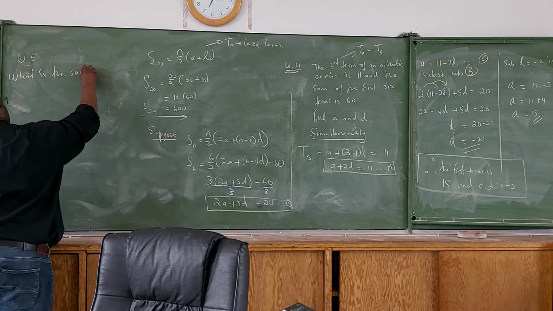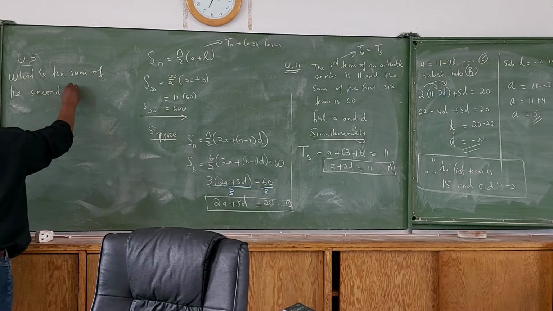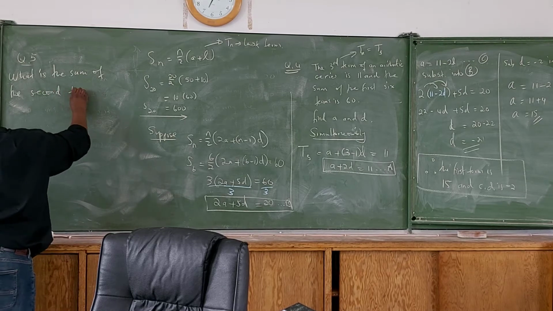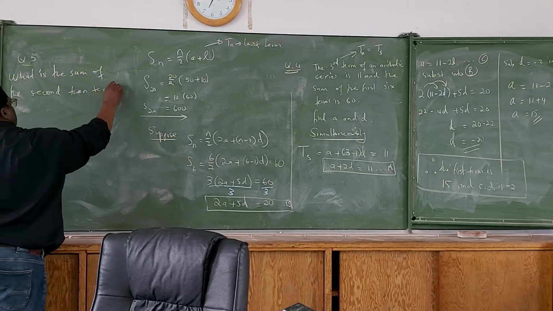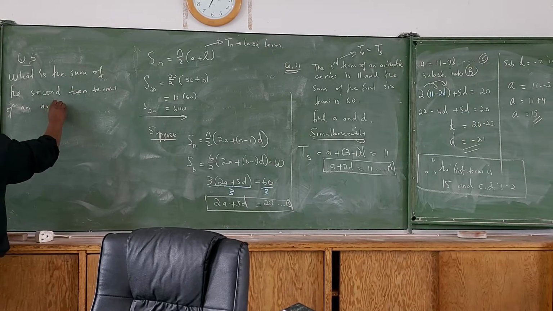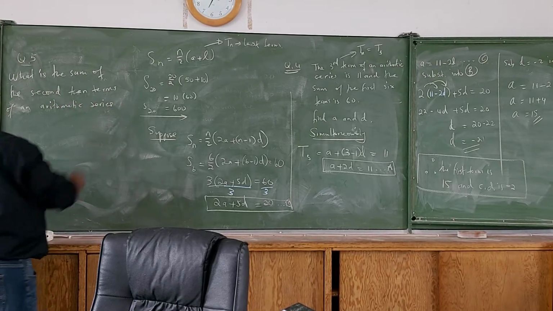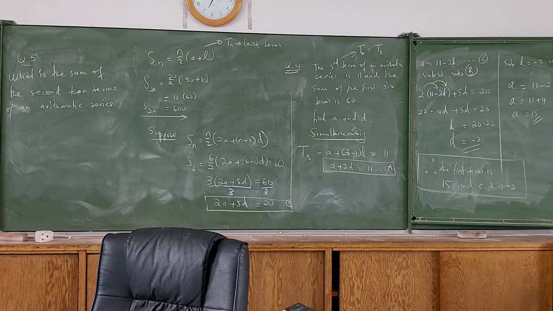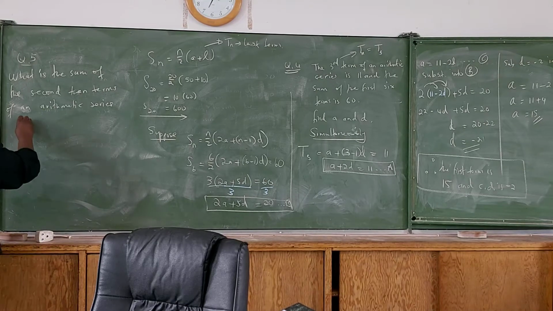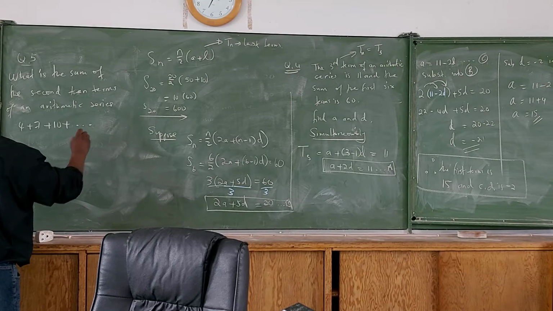What is the sum of the second 10 terms of n? So the moment we talk about series, we're adding the terms. 4 plus 7 plus 10. Alright?